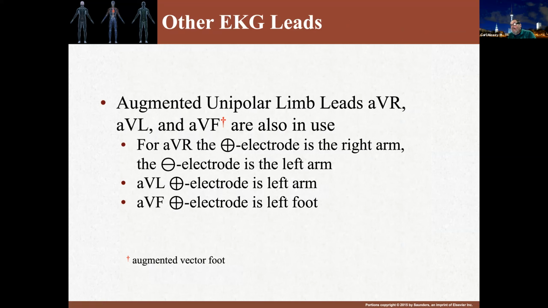So AVR, positive electrode, right arm, negative electrode on the left arm, but it's, notice, also receiving from the foot as well. AVL and AVF. And augmented vector foot is AVF.